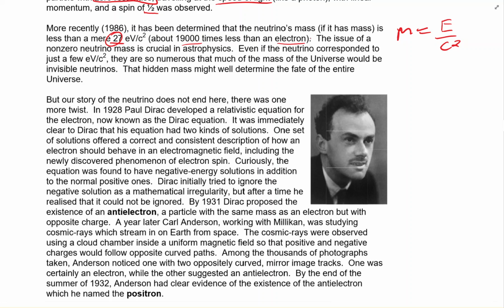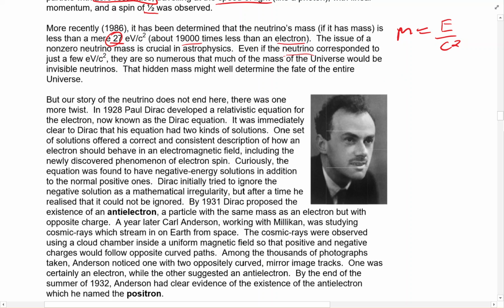But this is actually a huge deal in cosmology. So cosmology is talking about space and how the universe evolves. It's a big deal there because there's so many neutrinos that are always passing through everything in space right now. It's passing through you and me right now, like trillions of neutrinos.